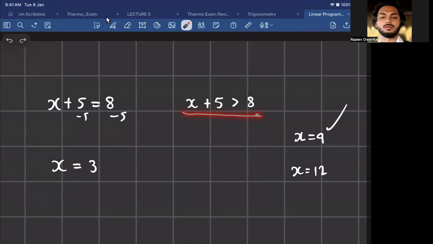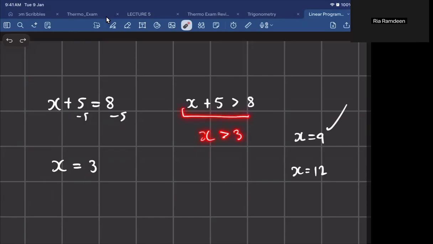But 3.1 could also work. If I add 3.1 to 5, what am I going to get? 8.1. Is 8.1 more than 8? Yeah. So our answer is actually everything more than 3. Once x is more than 3, it will satisfy the inequality. And you realize this could be any number, right? Once it's more than 3.